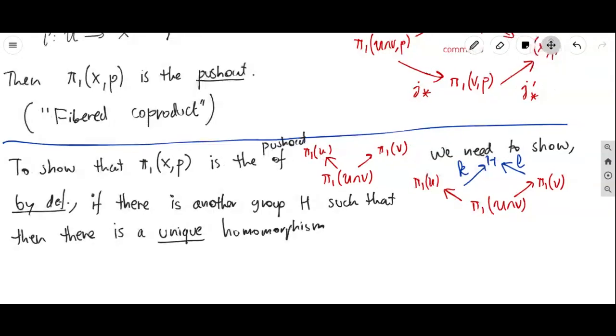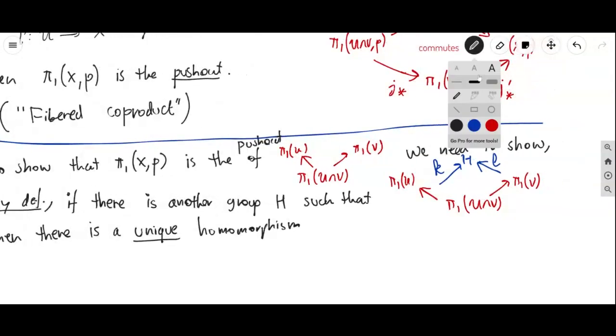Let me draw the fundamental group in here, pi1 of X. We're claiming that this is the optimal way to push out the diagram, so this is sort of the supremum. There's a unique mapping from pi1 of X into H which makes the diagram commute.